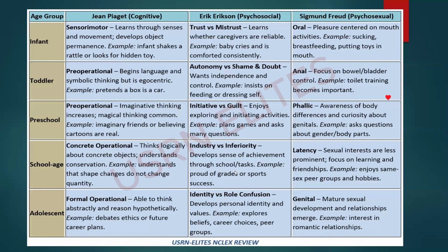So infants, according to Piaget's cognitive theory, learn through their senses and movements, and they develop object permanence. I give an example here: an infant shakes a rattle or looks for a hidden toy.